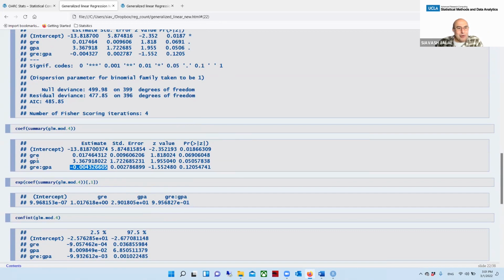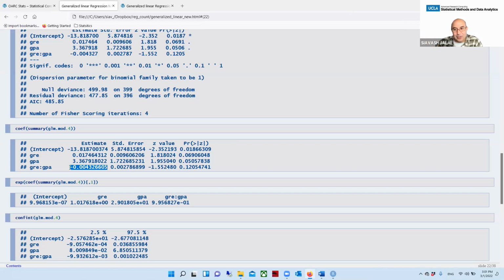So for a 1 unit increase of GPA, there is an additional increase of GPA times the GRE score, for a person with GRE score, for example, 500.